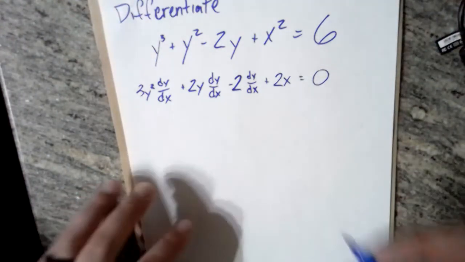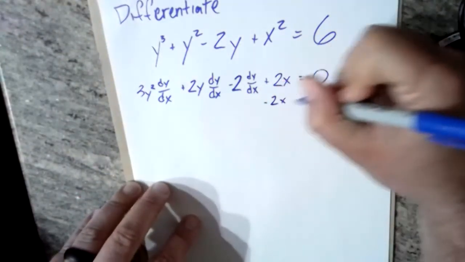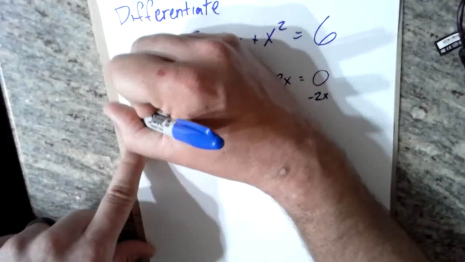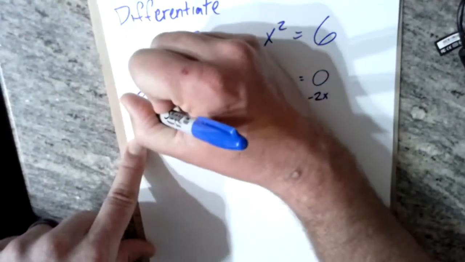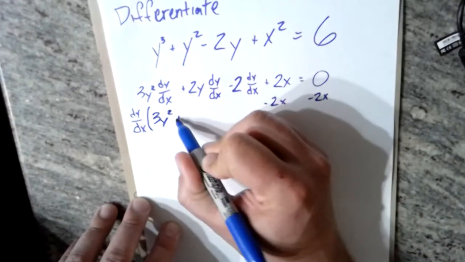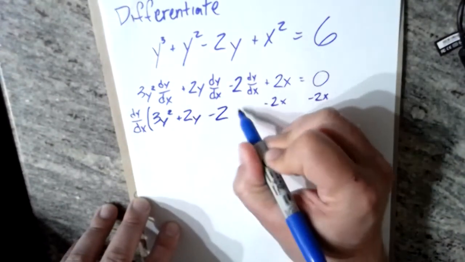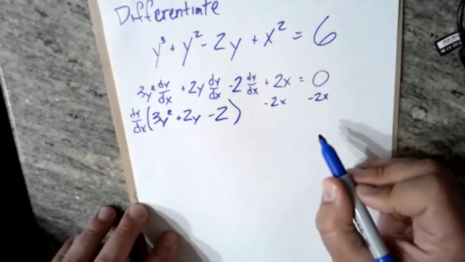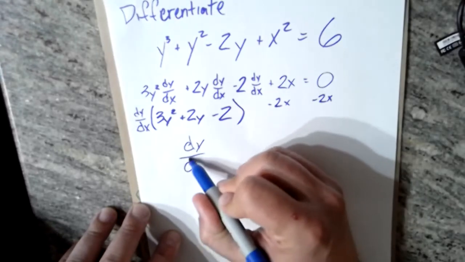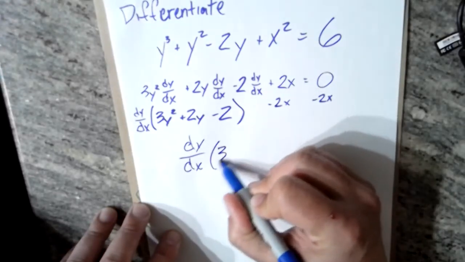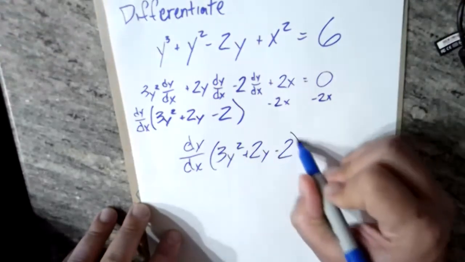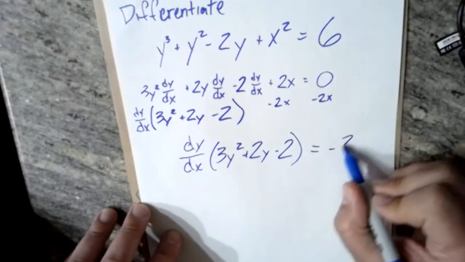Now I'm going to do two things in this step. I'm going to subtract 2x from both sides, and I'm going to factor out a dy dx. You get 3y squared plus 2y minus 2. Okay, so what we're going to get is dy dx times 3y squared plus 2y minus 2 is negative 2x.